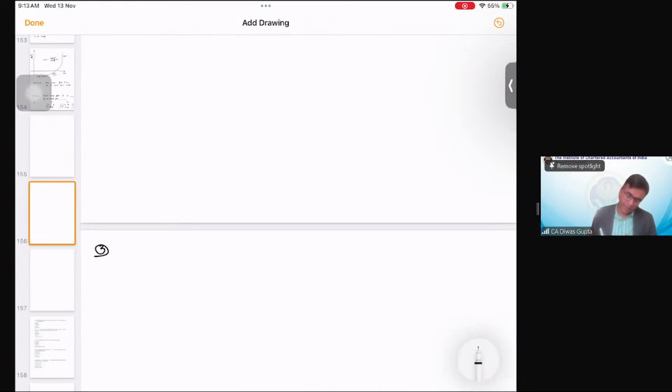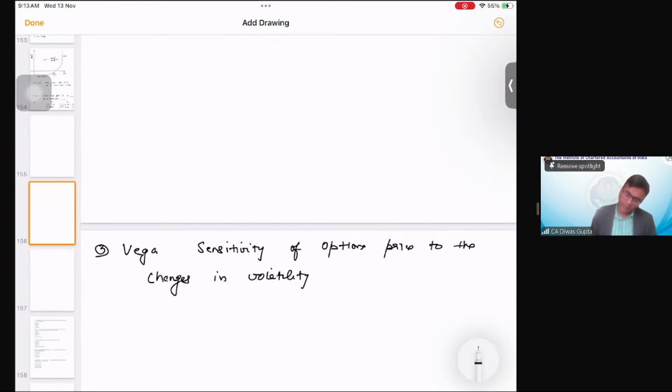Then third is vega, which is the sensitivity of options price to the changes in volatility, which is standard deviation.